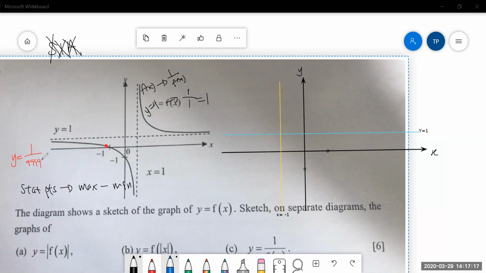After reciprocal, what will the y coordinate become? 9999, which is very, very big, right? So this point will be all the way up here. Make sense? So that's what I mean by when the point is near, it will be far. If the point is far, it will be near.